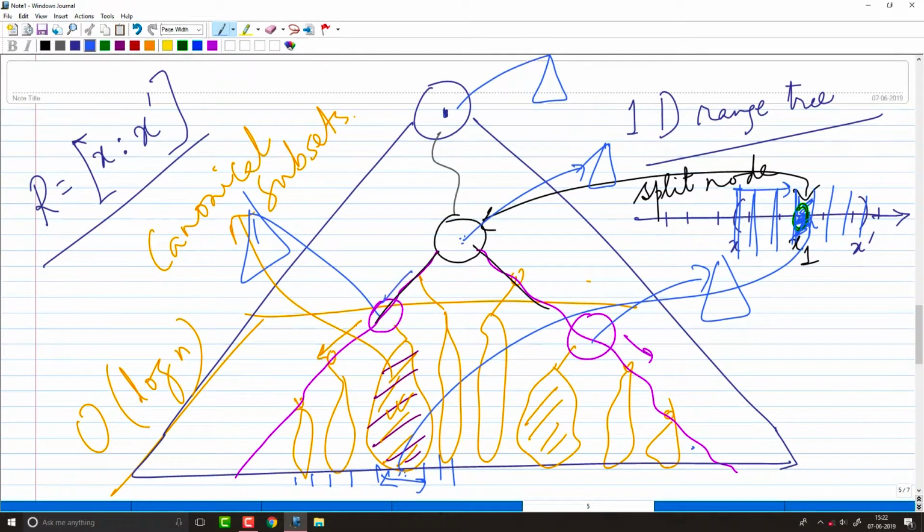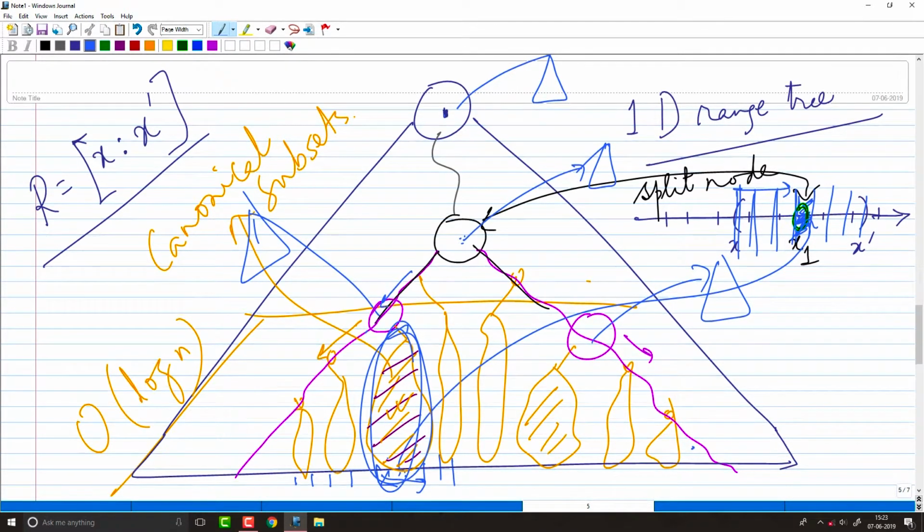But whenever in the 1D search I was sure of a canonical subset that I could report, there what I do is, for the points corresponding to this there is an associated structure on those points, there I do a Y search, because that associated structure is built on Y. So, how many such calls can be there to the associated structures?